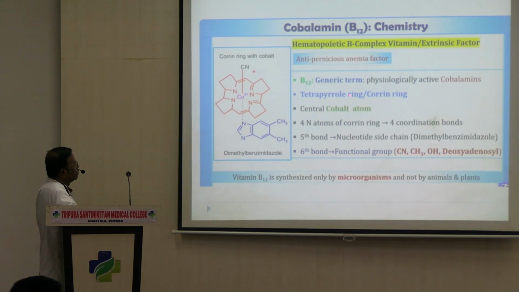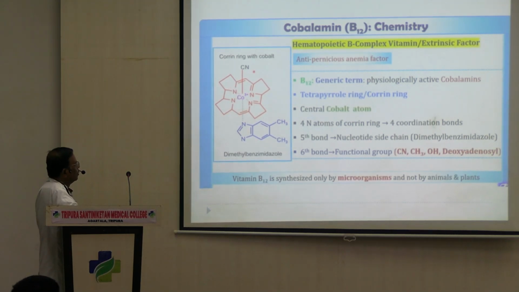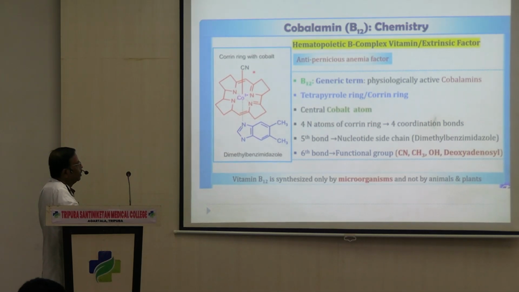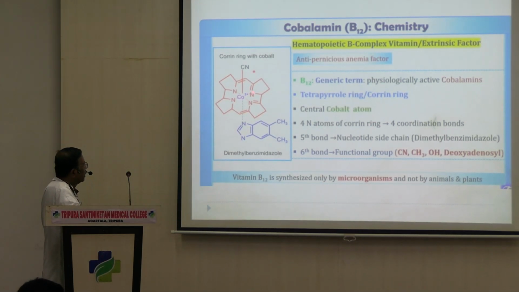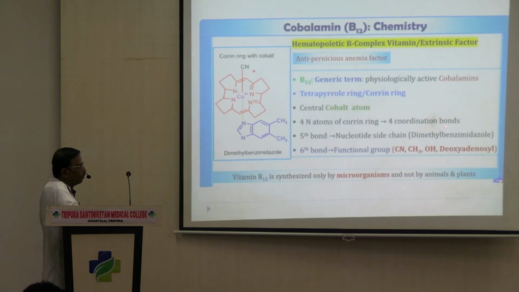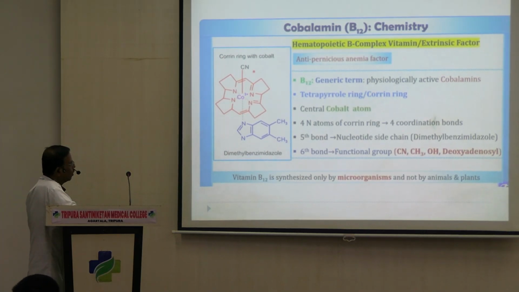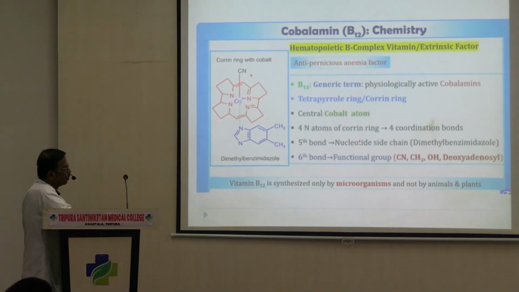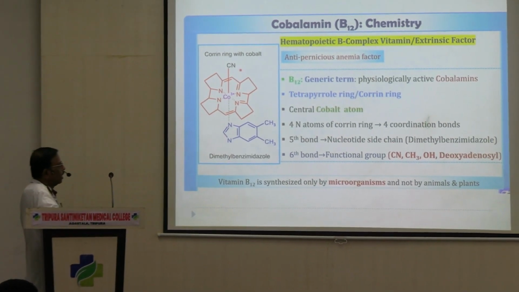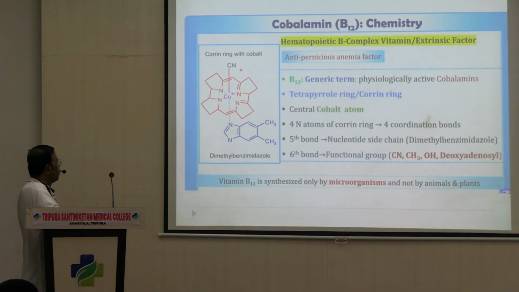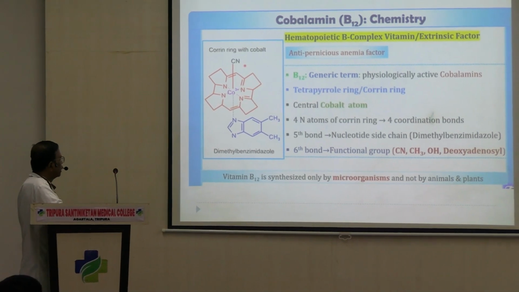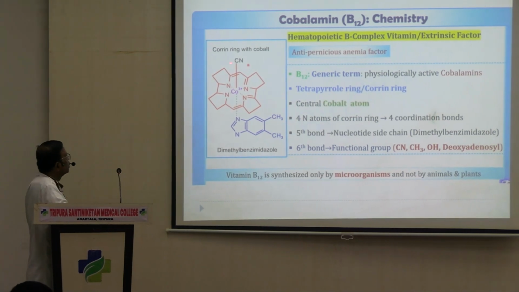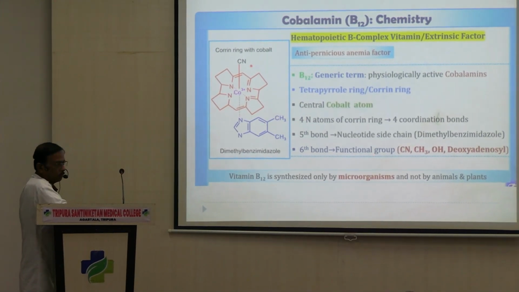So: tetrapyrrole ring, central cobalt atom, and the 4 nitrogen atoms of the corrin ring are related with the cobalt by 4 coordination bonds. The 5th bond is attached with the nucleotide side chain, dimethylbenzimidazole. Then the 6th bond is with the functional group.